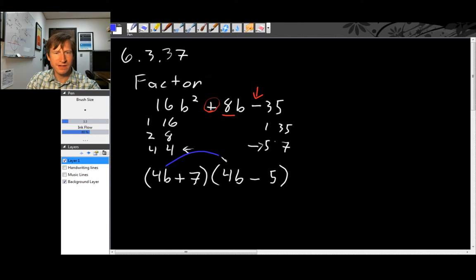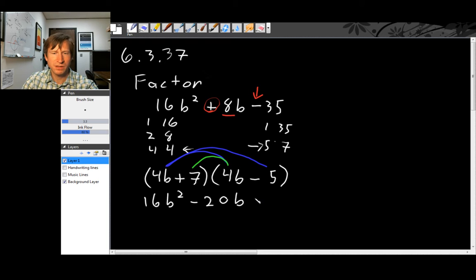So 4b times 4b is 16b squared. 4b times 5 is minus 20b. 7 times 4b is plus 28b. Things are looking good.